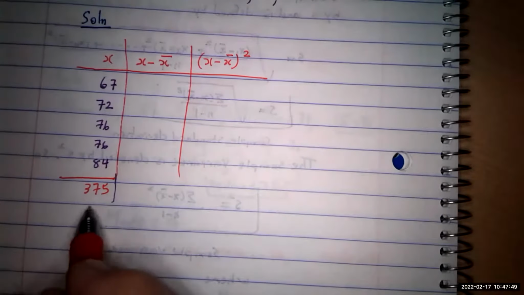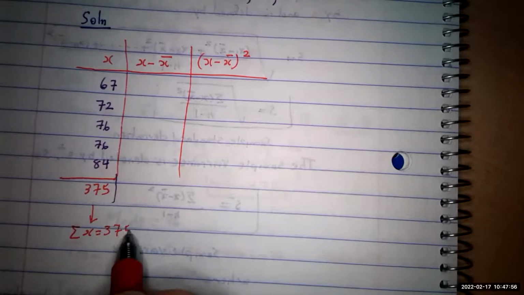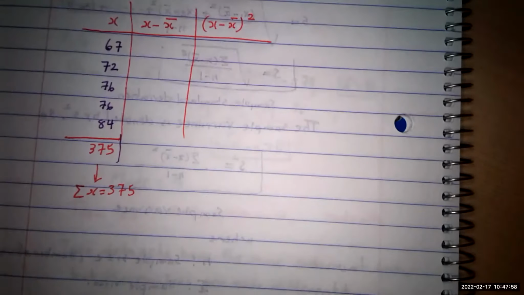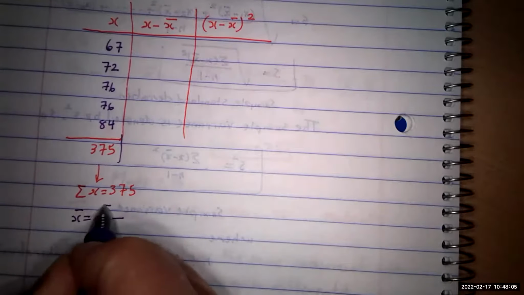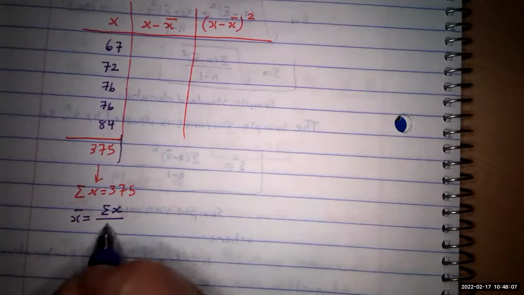So this 375 is what? Sigma x, the sum of all the numbers, 375. Now we are ready to give you the mean. Remember, x bar is this total, sigma x, divided by n.